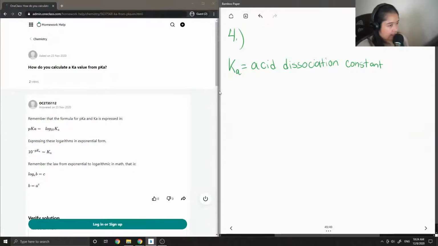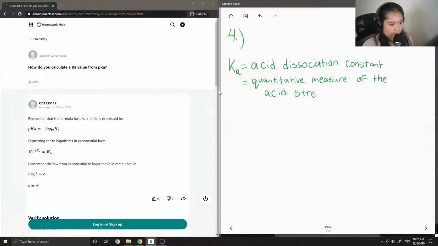But basically, the acid dissociation constant is a quantitative measure of the acid strength. So the higher your Ka value, the stronger the acid.